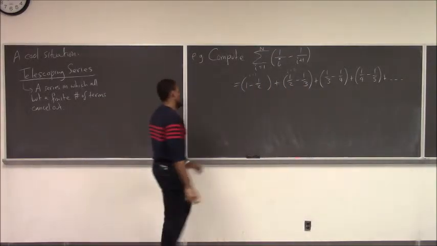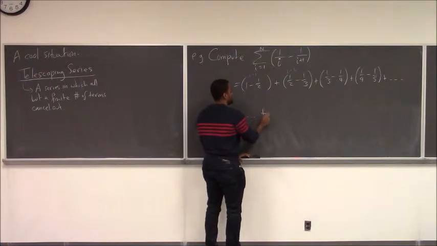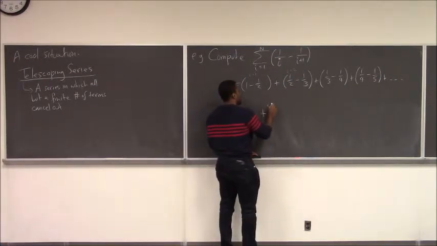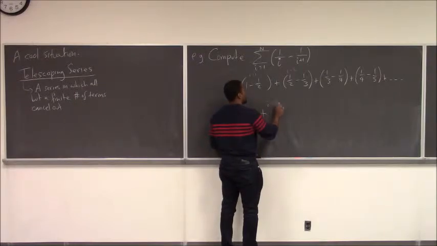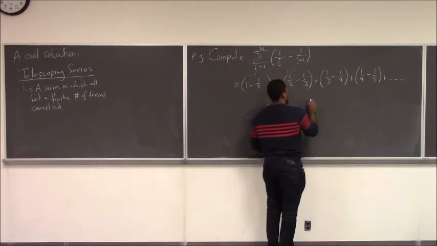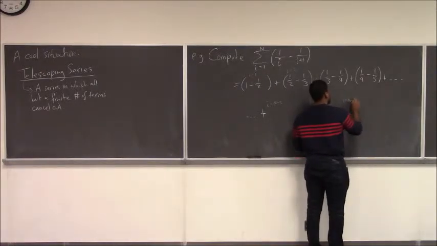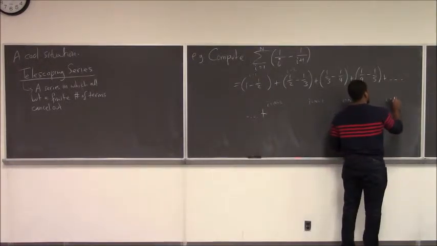And let's say we're on the tail end of this summation now. Let's say I'm at i equals n minus 3. And then I'm going to look at i equals n minus 2, then i equals n minus 1, then finally i equals n.